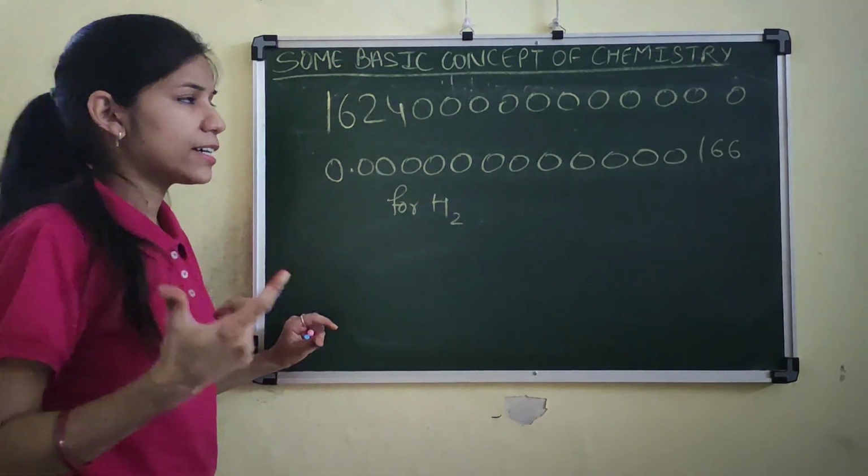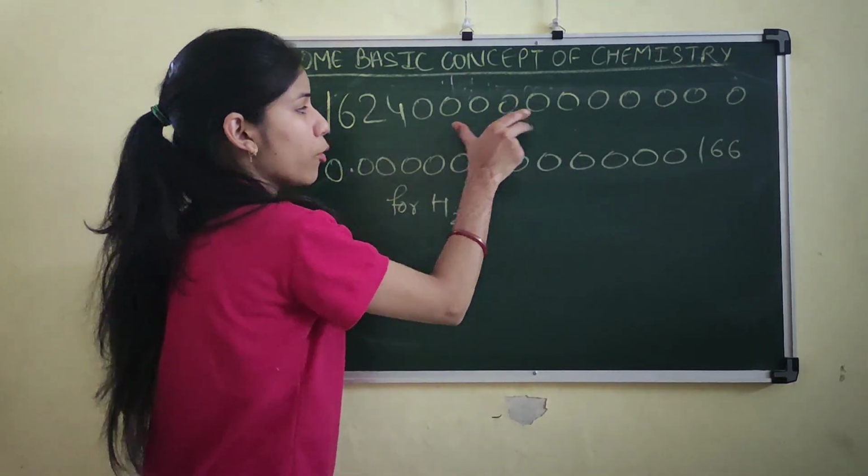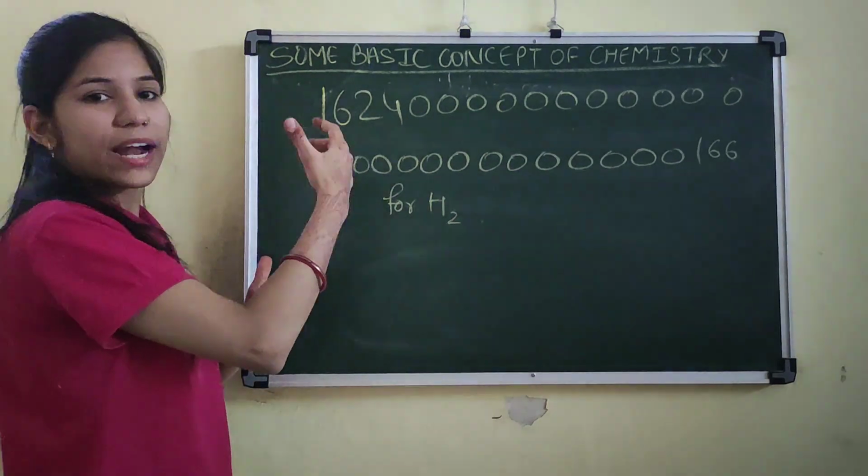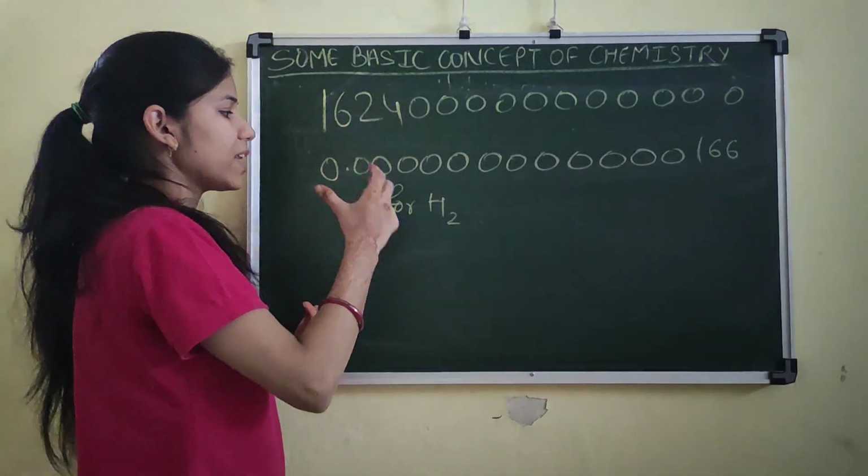These look very awkward. How many zeros are present in these numbers? So how can we write these numbers in a simple way?